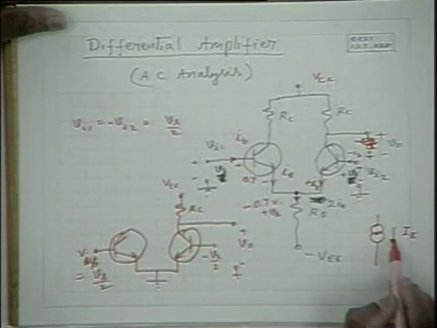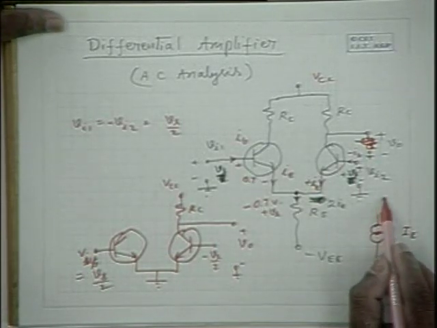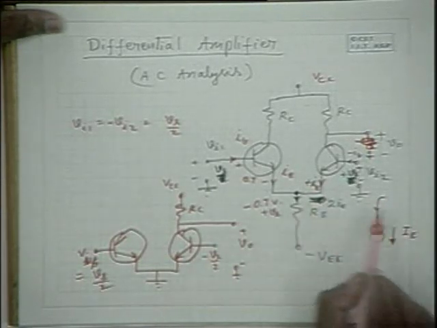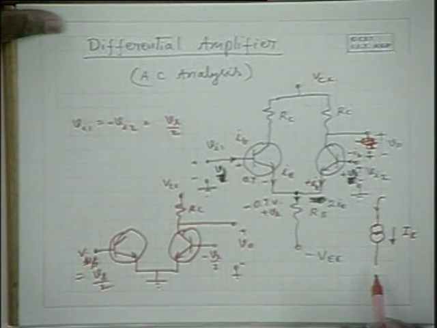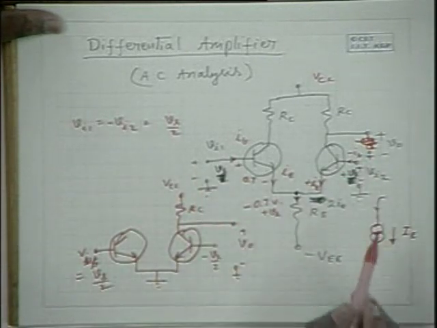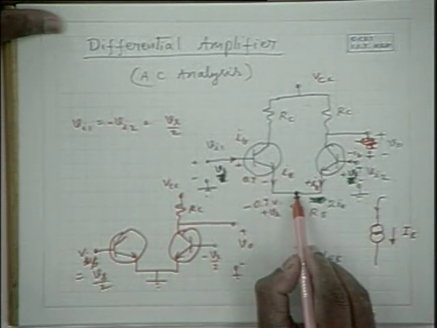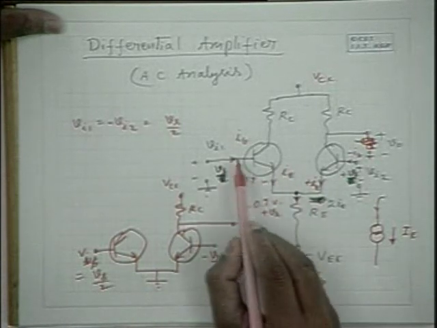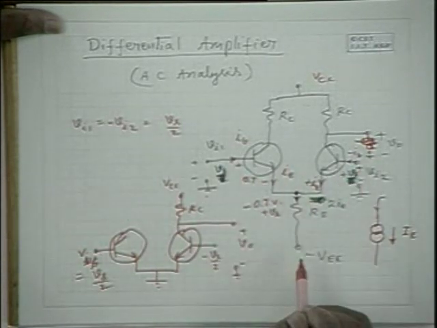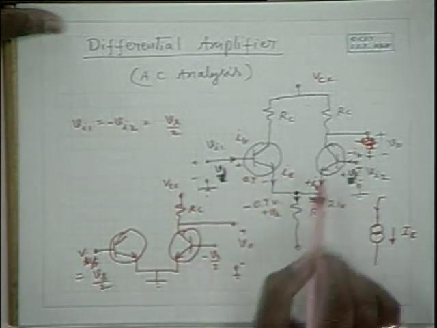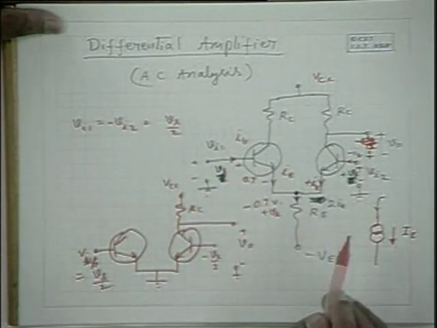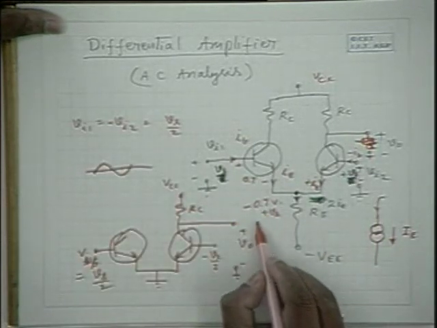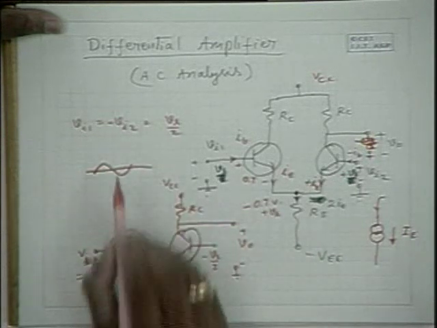What does a constant current source do? A constant current source draws or drives equal amount of current irrespective of the voltage drop across it. So when you apply a signal here, the constant current source will elevate its emitter potential equally to this input signal. That means VBE still remains 0.7 volts irrespective of the alternating signal here. If you apply an alternating signal like this, VBE will be 0.7 plus this alternating signal.